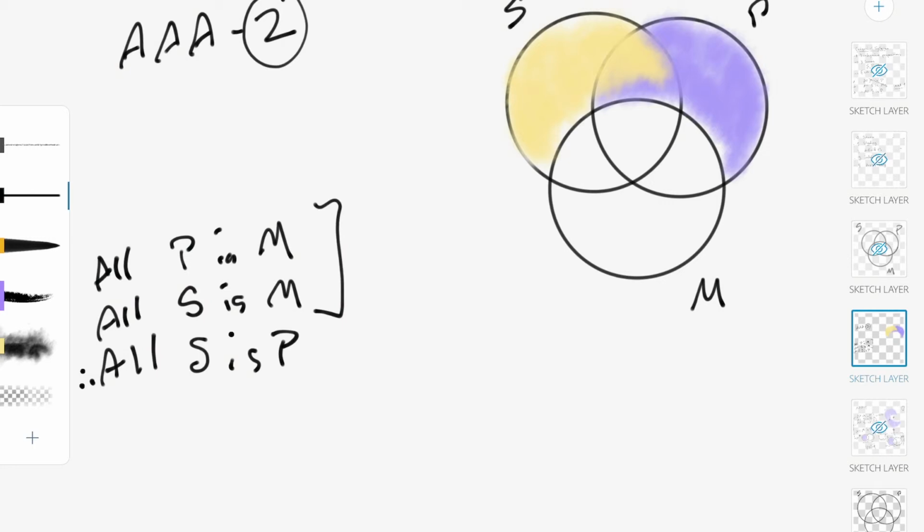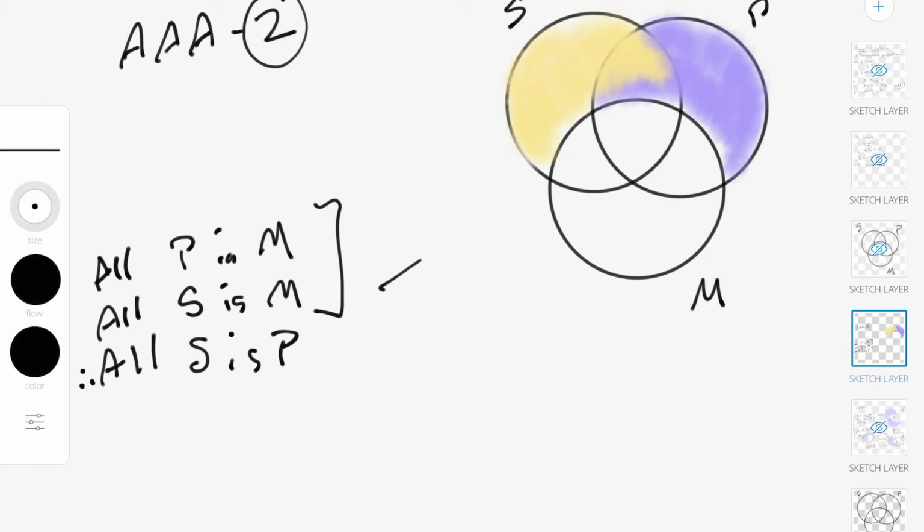Okay, so now notice what's happened in this diagram. We've got our shading done for the two premises, but the shading by itself does not make it the case that all S's are P's. Notice, because this region here is left unshaded, that means that there could be S's that are not P's.